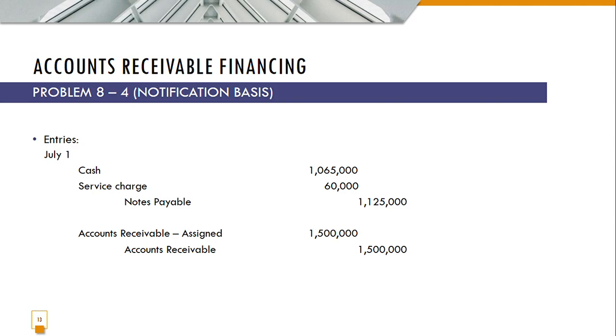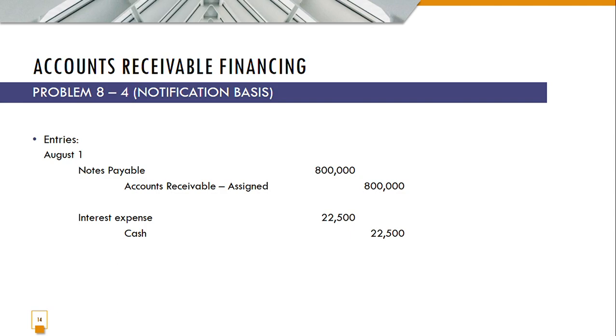So that's 60,000. So deduct it from 75% of 1.5, which is 1,125,000. So you actually only receive 1,065,000. Assigned accounts of 1.5 million are reclassified to accounts receivable assigned.